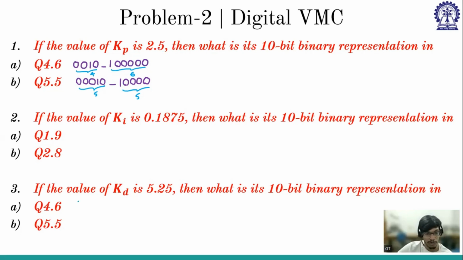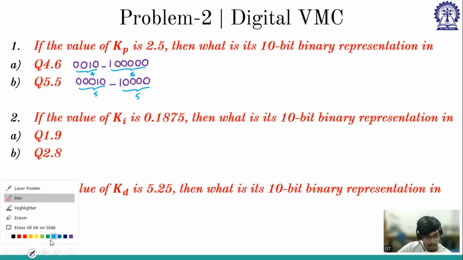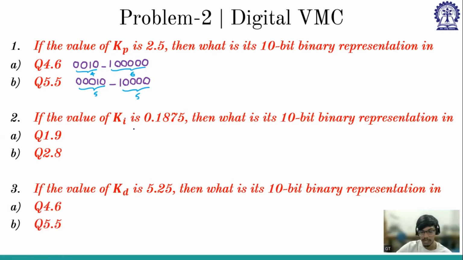The value is 2.5. And coming to KI, let me calculate. I think Ki is 2 to the power minus 3 plus 2 to the power minus 4. Yeah, 0.1875.